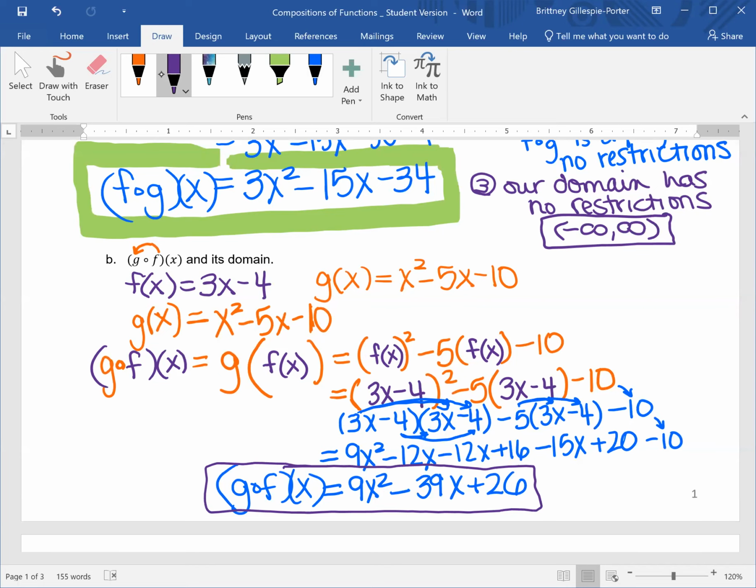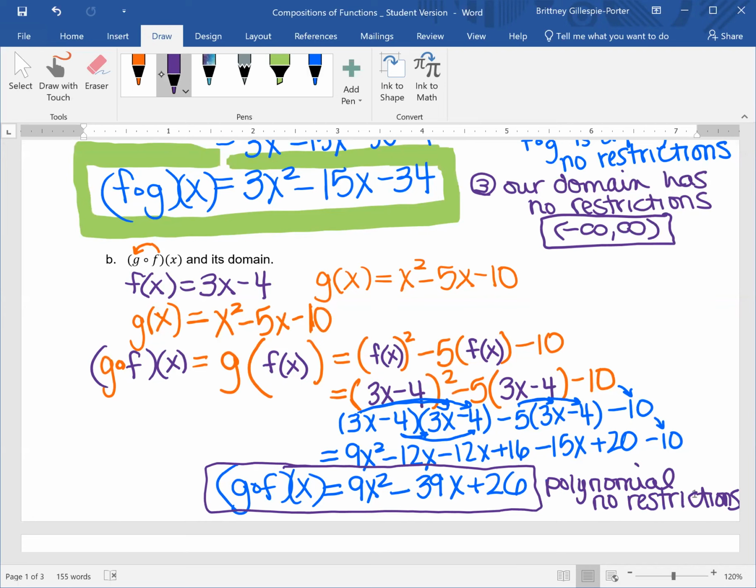Okay? And if you notice, g composed with f of x is also a polynomial, which means that it has no restrictions, because we did not have any denominators at any point in our work. So our final part has no restrictions.